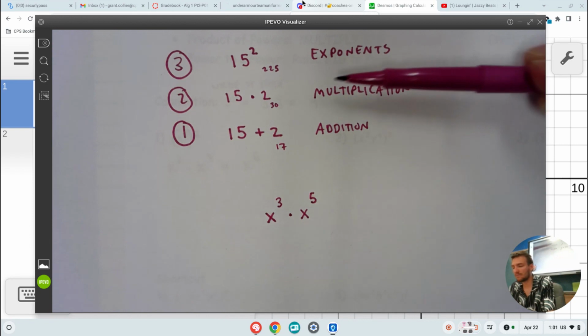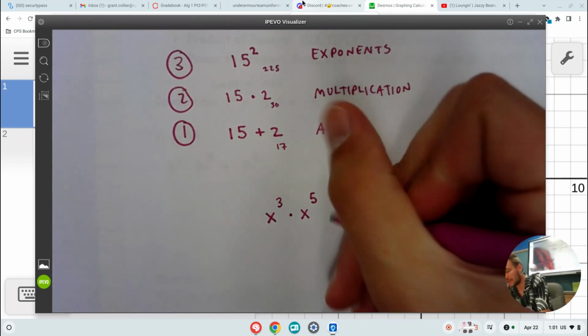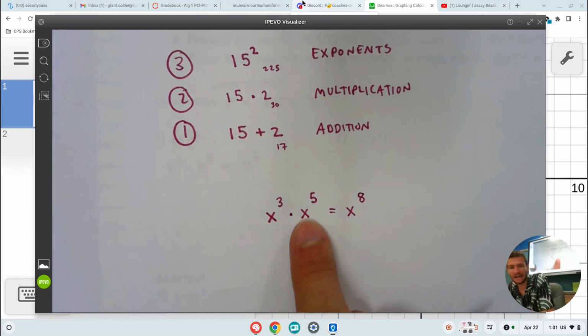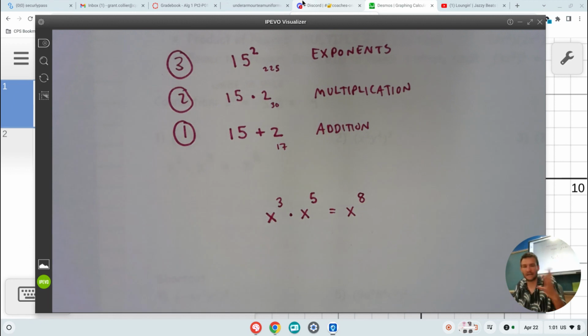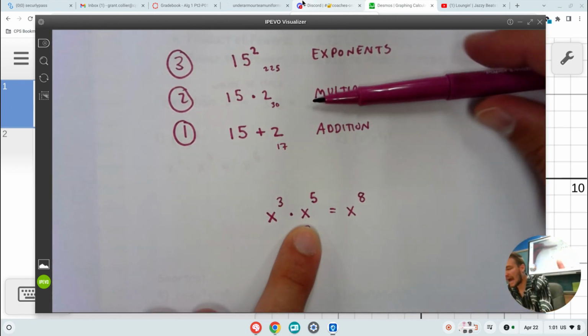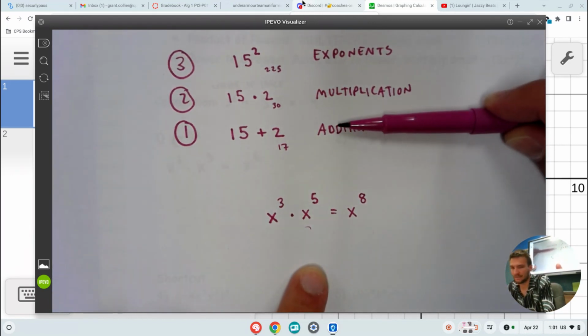But when it comes to letters, you drop down 1, right? We know that this should be x to the power of 8, because that's 3 x's and that's 5 x's, and you put them all together and you get 8 x's. So multiplication actually ends up dropping down 1 to be addition. Just like we did today.